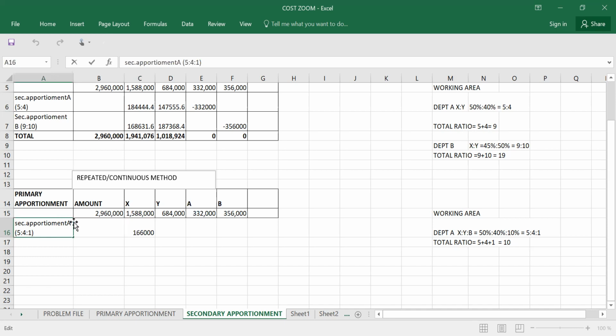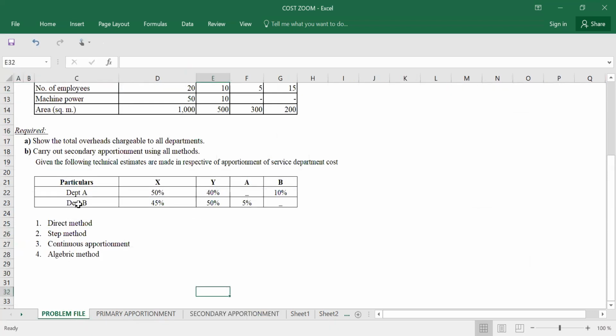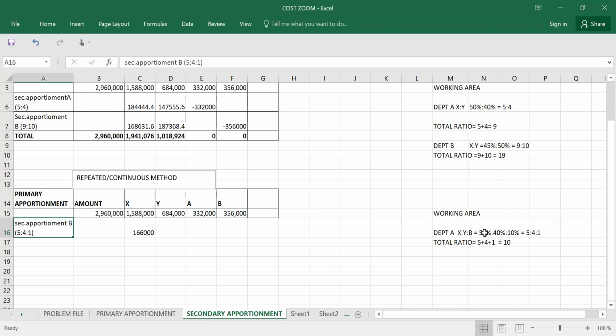So in this case, B distributes first. So we have to go back and see what B does. B is distributing 45, 50, and 5.